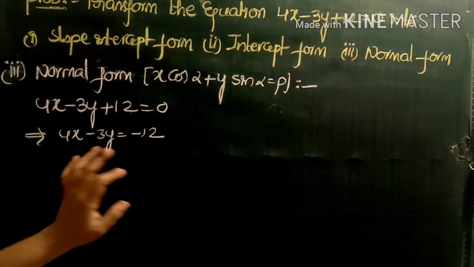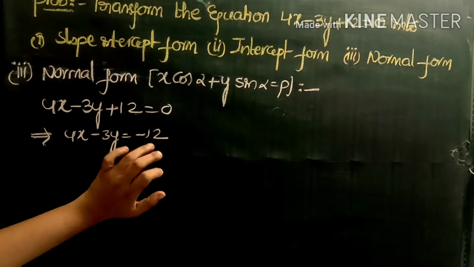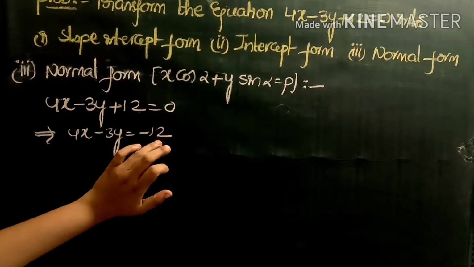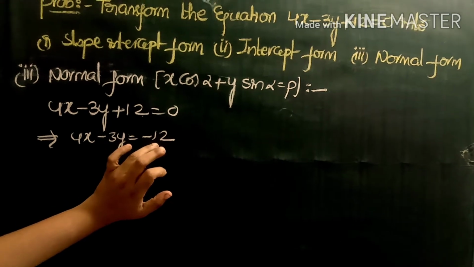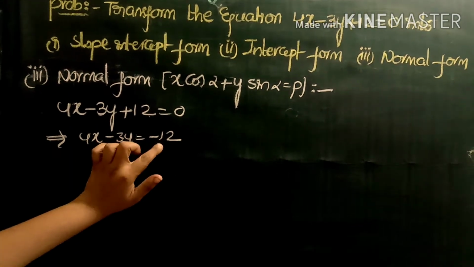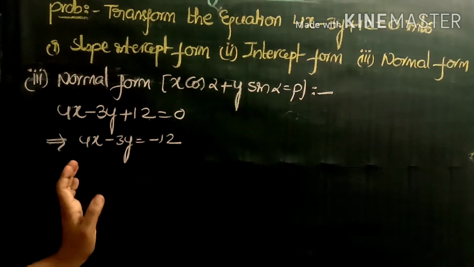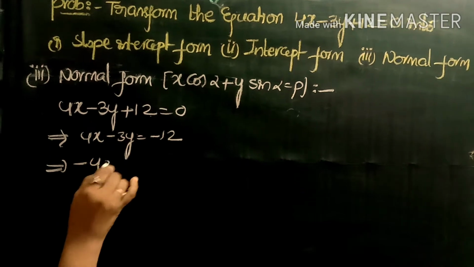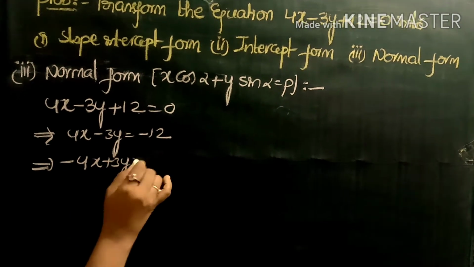So to change the given equation to the normal form, the constant must be non-negative. But here we have the minus 12. So making this term positive, we multiply this total equation by minus 1. We must have a positive number here. That is minus 4x plus 3y is equal to 12.